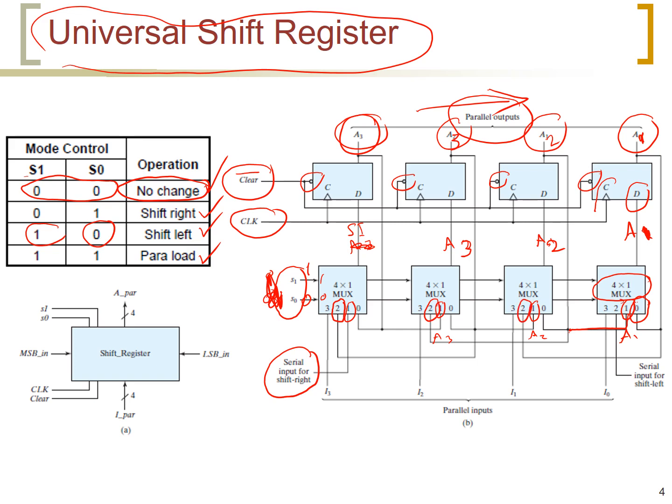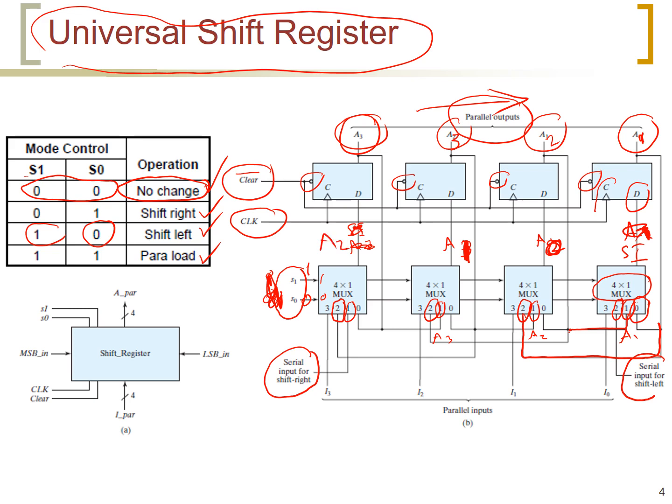What is the input at 2? The first multiplexer, it will be serial input for shift left. Therefore, this serial input will appear here. And the second multiplexer, it will have a node appearing here, because we can see that this is connected with a node here. And the third multiplexer, A1 will be here, and then A2 will be here.